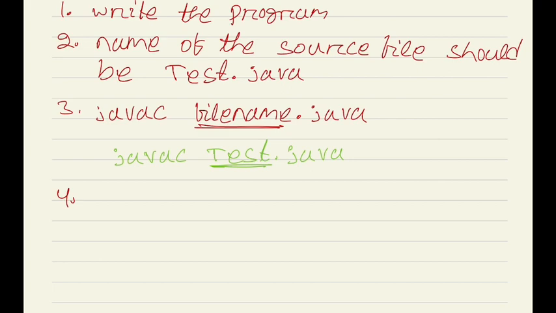This test.class contains the bytecode version of the program, and we have already discussed that Java bytecode is the intermediate representation of your program that contains instructions the Java virtual machine, or JVM, will execute.